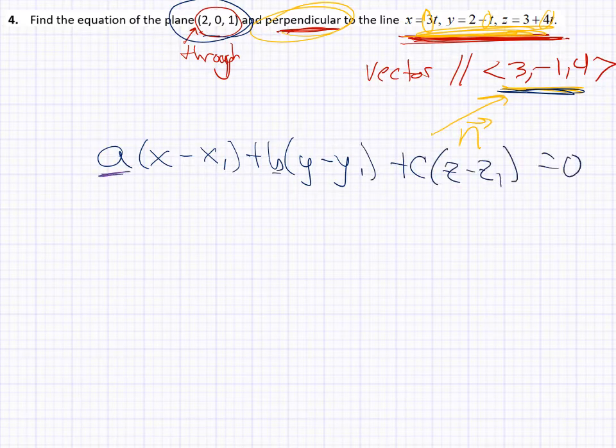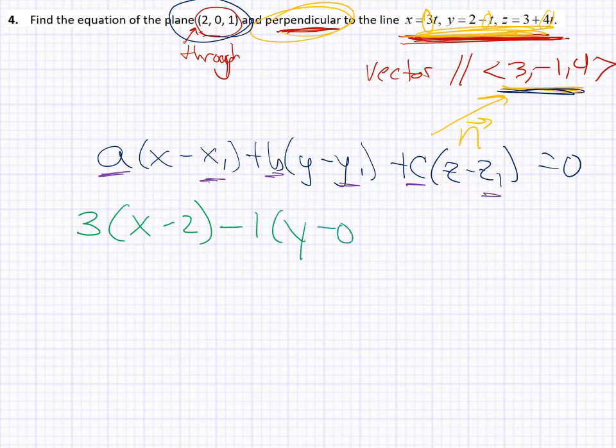In this case, a, b, c is my normal vector, and (x1, y1, z1) is my point on my plane. So just fill in what we have, and we're done. So 3 times (x minus 2) minus 1 times (y minus 0) plus 4 times (z minus 1) equals 0. There's your plane. That's your standard form.